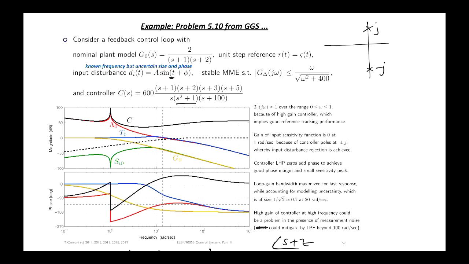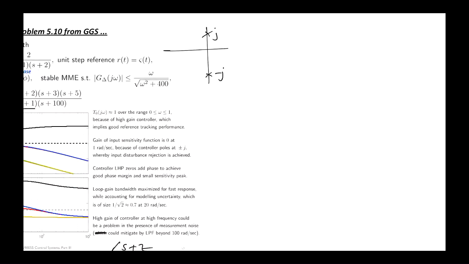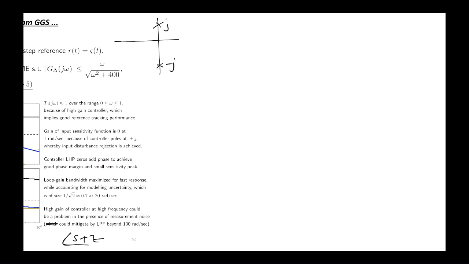So, our closed loop system looks like this. So we've got a reference coming in, goes into our controller. We've got an input disturbance, DI. This is that sinusoidal signal with uncertain amplitude and phase.